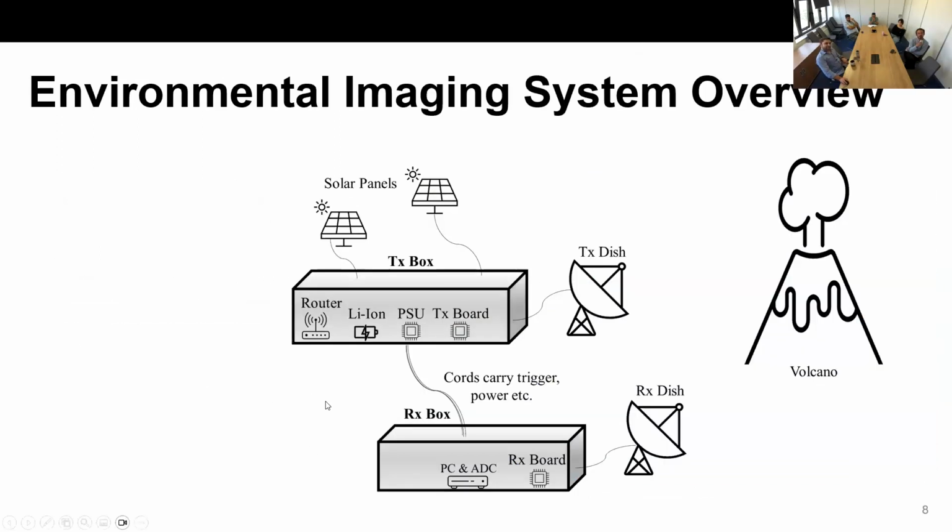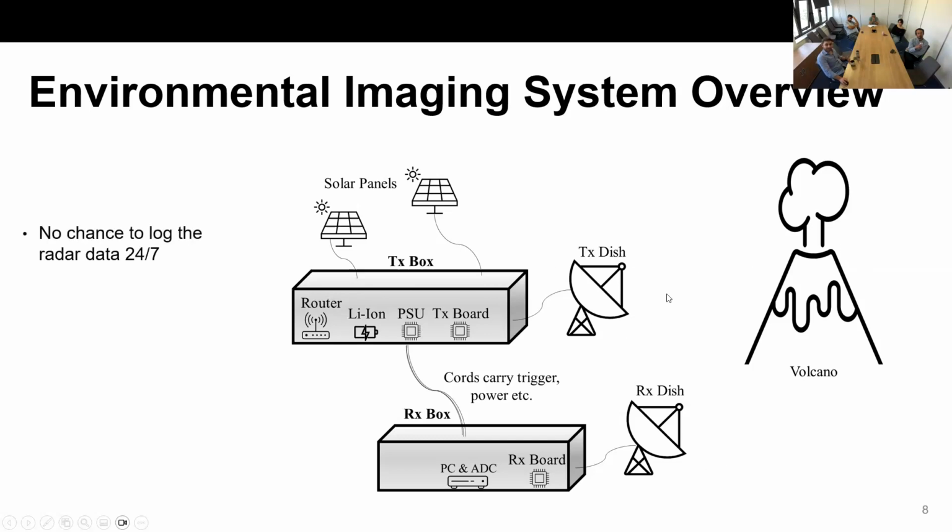So this is the system overview. We have more than two boxes of it, but it's just a quiet version. So we have RX, TX units and an ADC, and mainly two dishes to aim at the volcano surface.